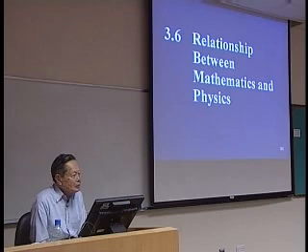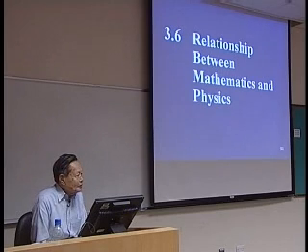I had earlier mentioned that there is some mysterious relationship between math and physics. In fact, in 1961, Marshall Stone, who at that time was the department chairman of mathematics at Chicago University, which had a great reputation in mathematics and physics immediately after the Second World War.